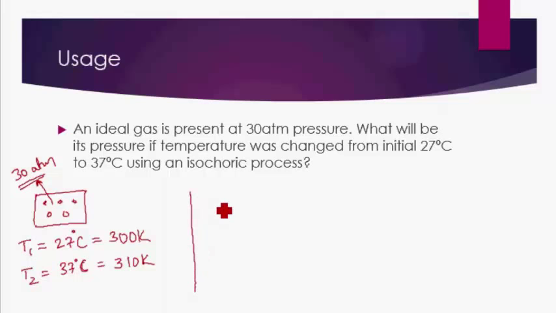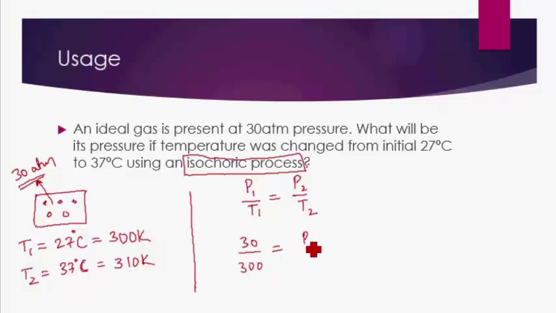So it is asking you how much the pressure must have been increased so that the temperature increased by 10 Kelvin. Directly using Gay-Lussac's law, which says that the ratio of pressure and temperature in an isochoric process is constant, P1 by T1 is equal to P2 by T2. That means 30 divided by 300 Kelvin is equal to P2 divided by 310 Kelvin.